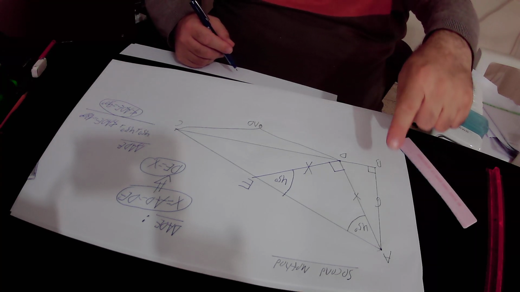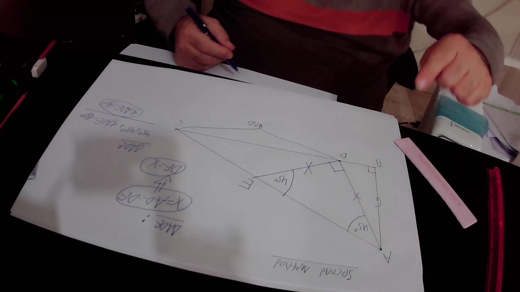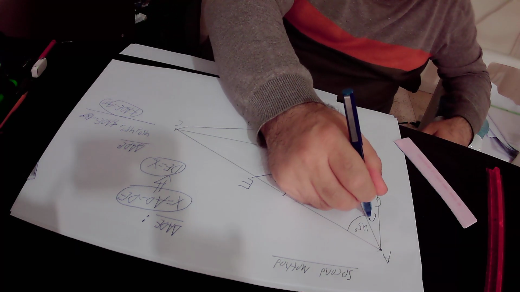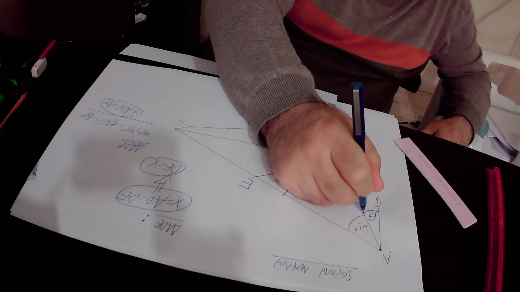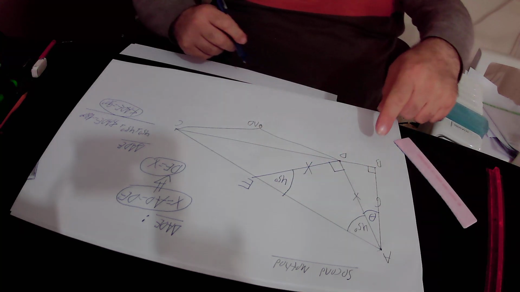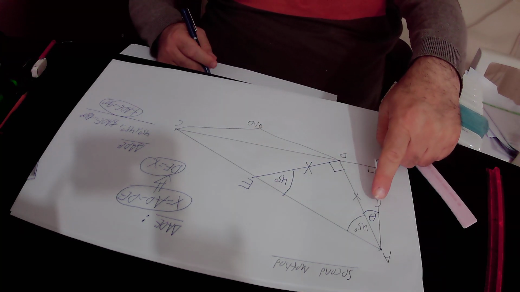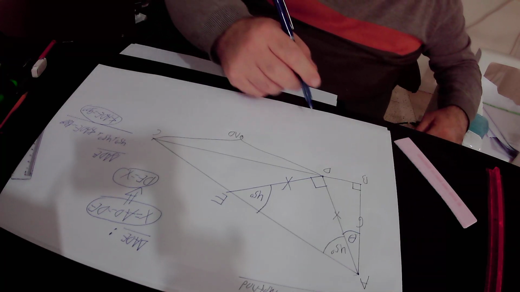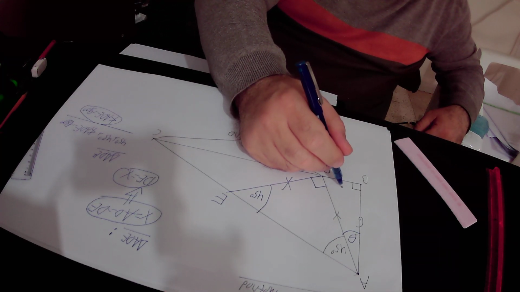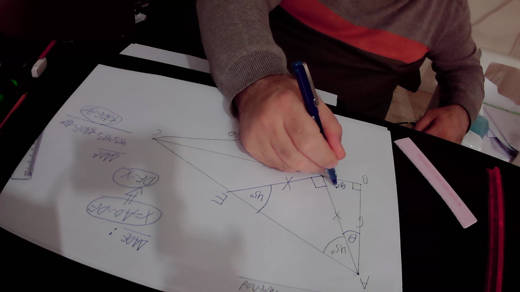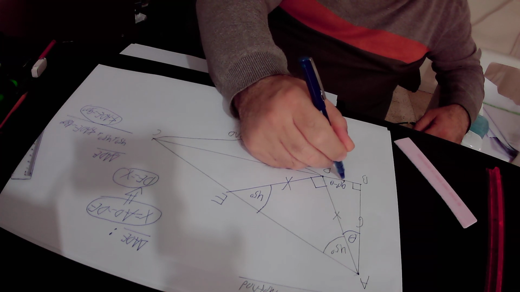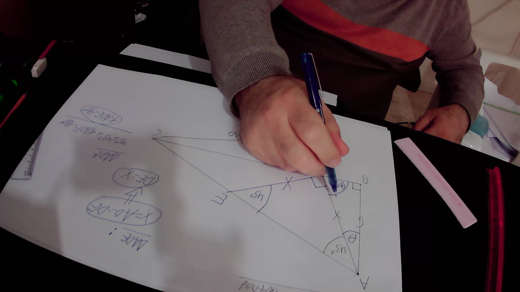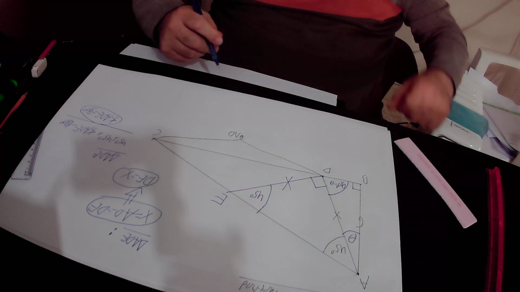So here we define angle BAD, this angle, as theta. So in the right triangle ABD, we have one angle that is equal to theta. So this other angle must be equal to 90 degrees minus theta in order to complete the sum of the angles in this right triangle to 180 degrees.